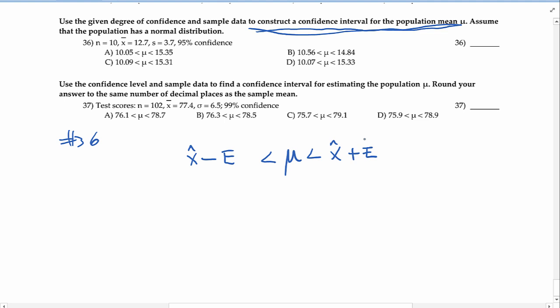But the difference right here is that we have the mean of the sample, which is 12.7. So we're going to subtract the margin of error, and we're going to add the margin of error to 12.7 to create the interval at the level of confidence that we want.